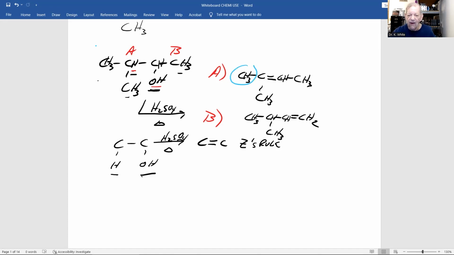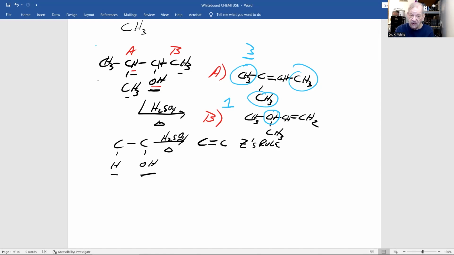Now, on the top one, you have 3 carbons directly bonded to the carbons of the double bond. In the bottom one, B, I only have 1 directly bonded. You don't count the 2 CH3s. So this has 1 carbon atom directly bonded to the carbons of the double bond.